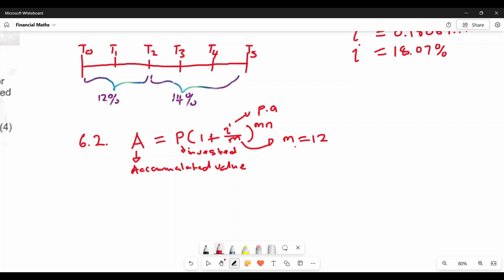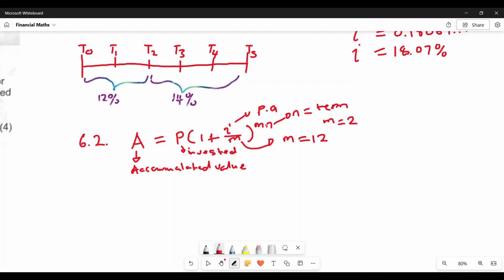If it's compounded semi-annually, our M will be equal to 2, because when we say semi-annually, it means twice per year, right? It's twice per year. So N still represents our term.